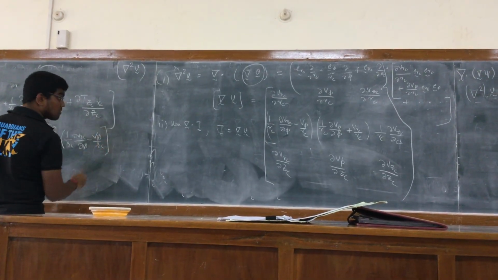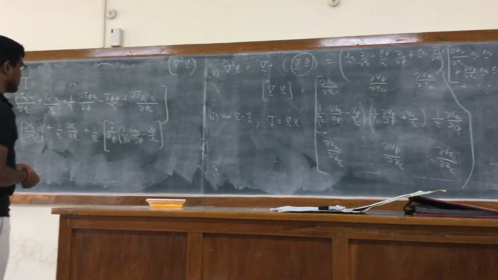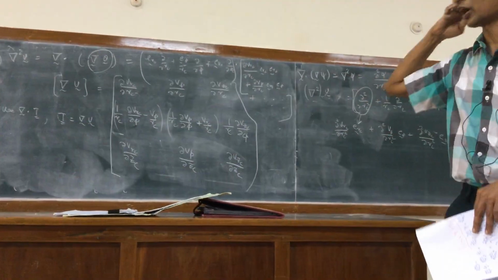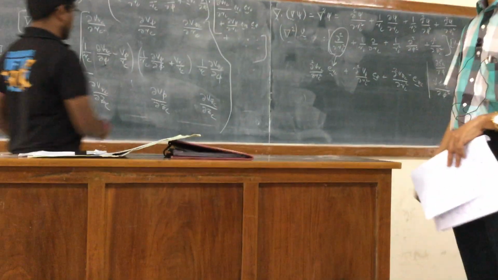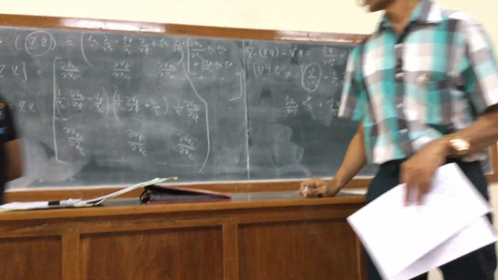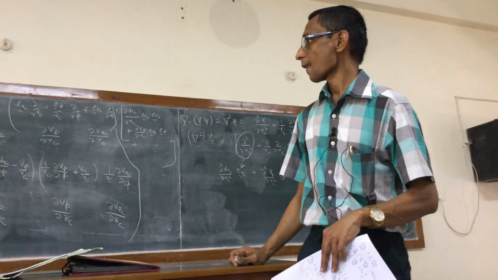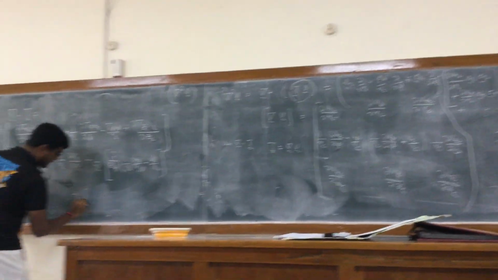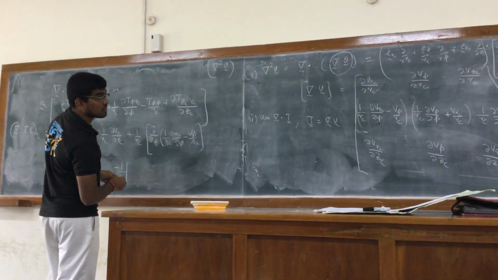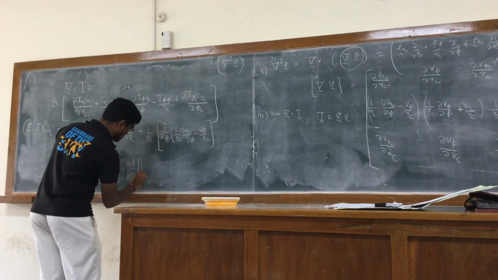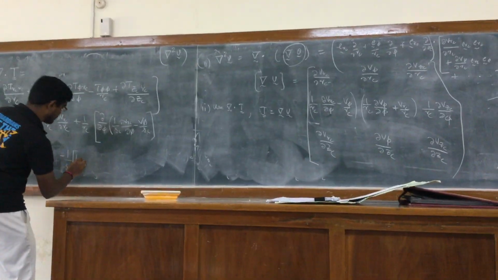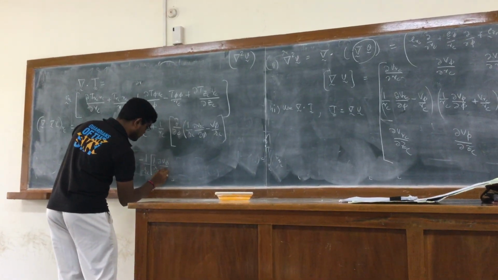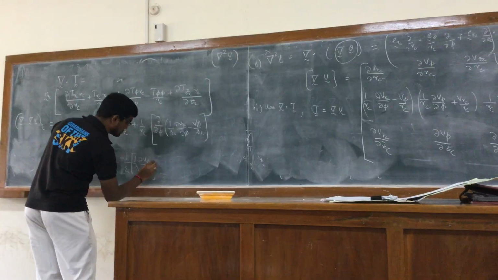Okay, fine. So now the next term is minus T phi phi by r_c. So can you identify what T phi phi is here? This one, yeah. So minus 1 over r_c times T phi phi, which is 1 over r_c d v phi by d phi plus v_rc by r_c.